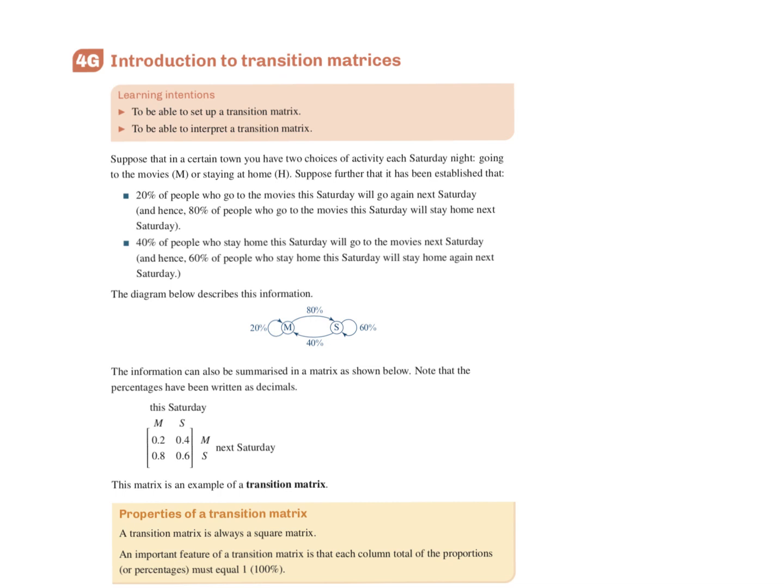It says, suppose that we have a certain town where you have two choices of activity each Saturday night, either going to the movies or staying at home. Suppose further that it has been established that 20% of the people who go to the movies this Saturday will go again next Saturday. With transitions, we often start with a diagram.